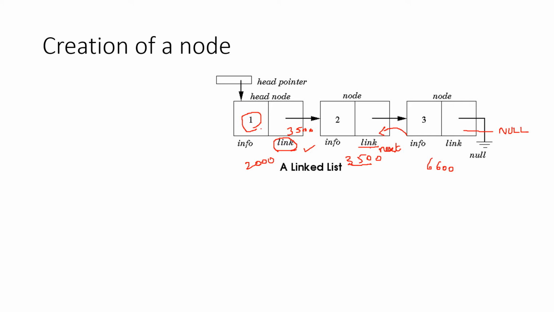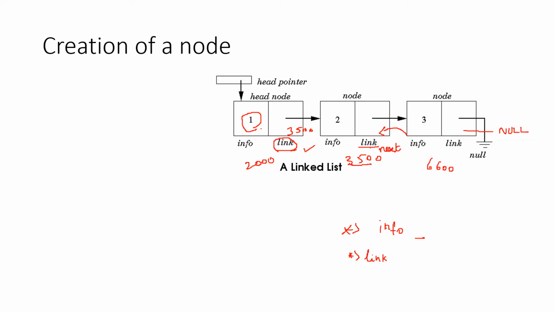And notice one thing: whatever the nodes may be, every node has two fields, as we said earlier. One is the info field and another one is the link field. The data type of the info field can be any type of data.